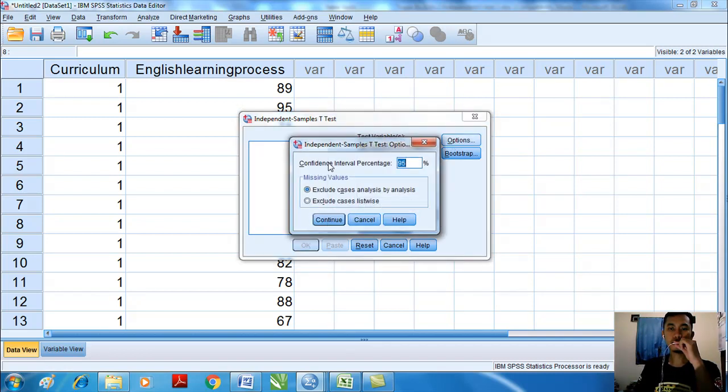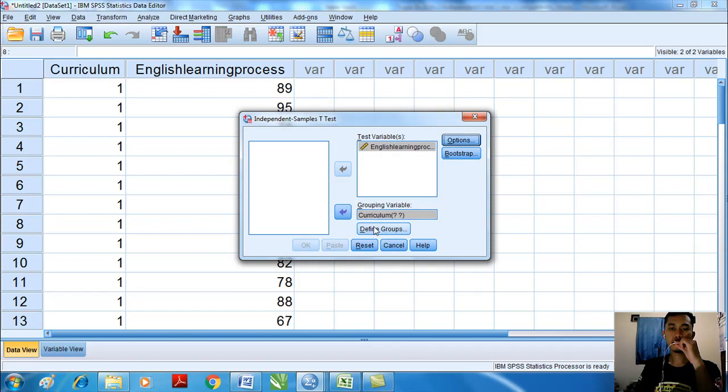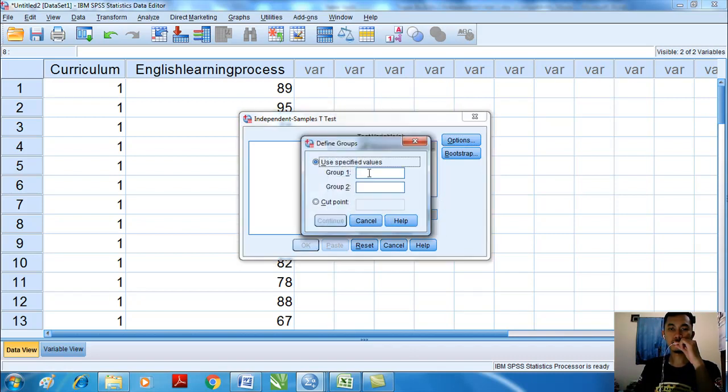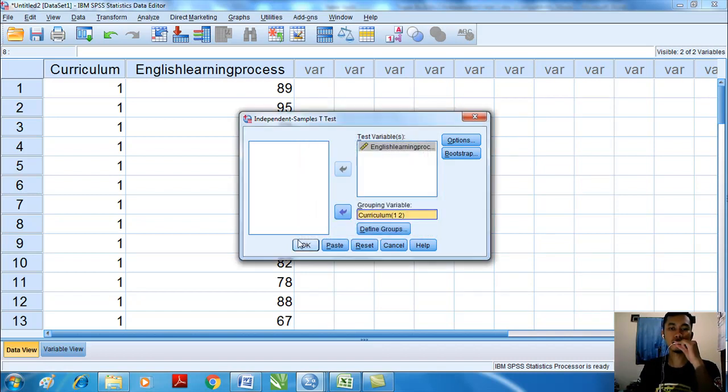Click option, and it should already be 95%. Continue. Then define groups. Use group 1 and group 2. You can type 1 in group 1, type 2 in group 2, and then continue. Then you click OK.